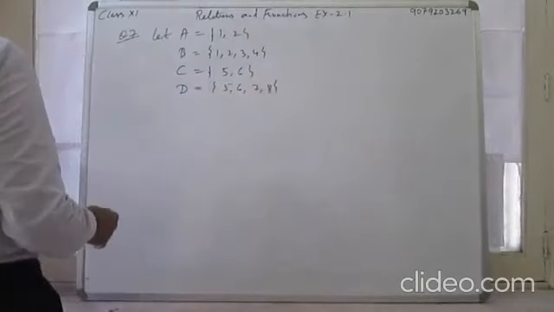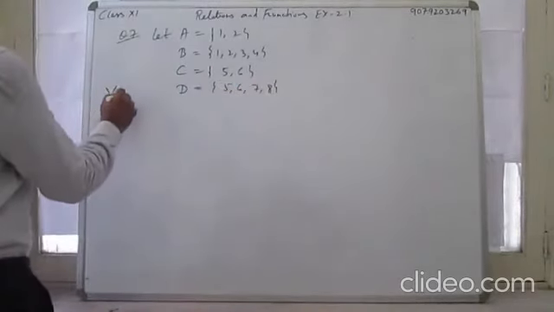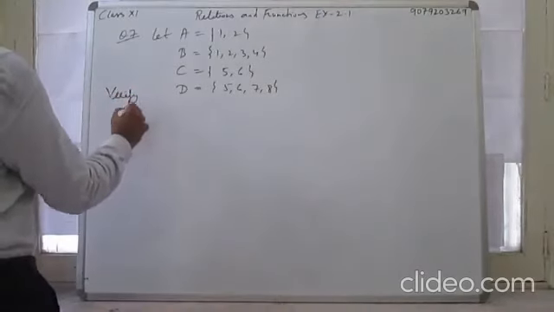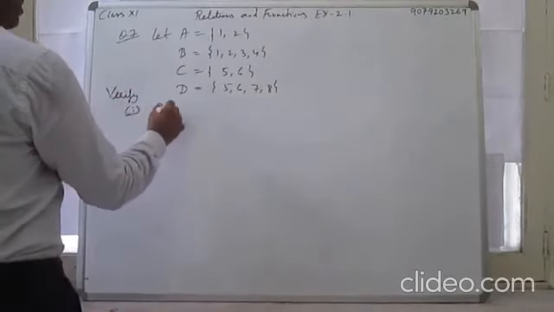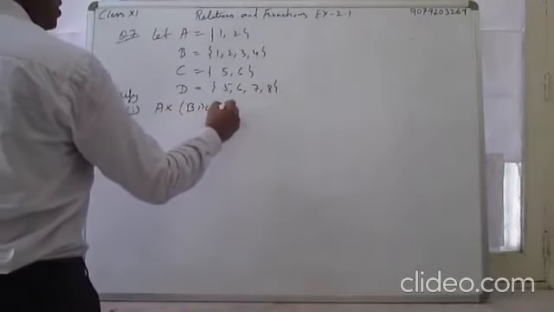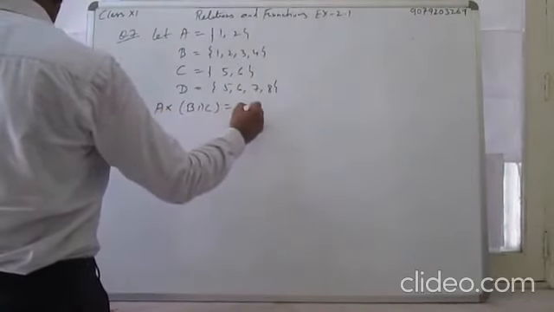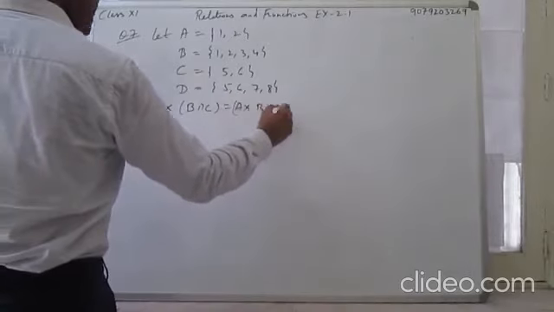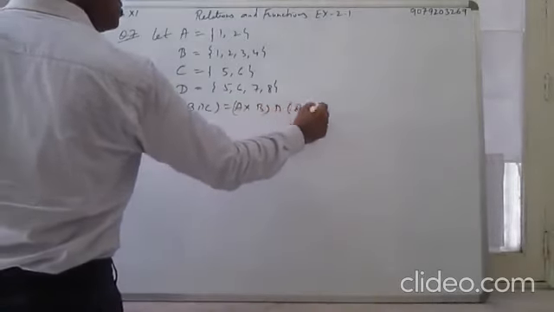These are the 4 sets. You have to verify number 1: A cross (B intersection C) is equal to (A cross B) intersection (A cross C).